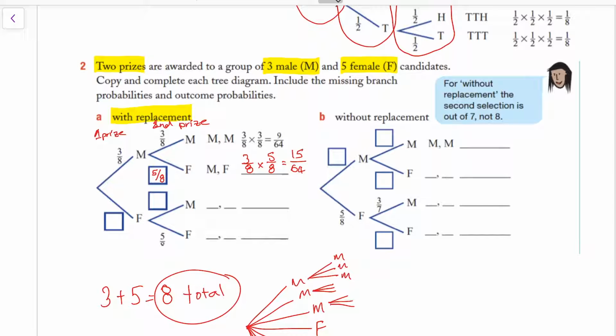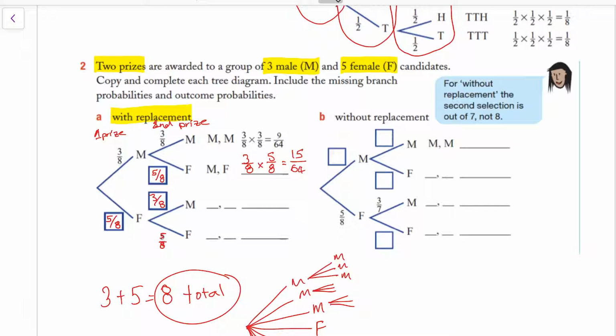Good. Right, so as discussed, there are 5 females. So this one's going to be 5 over 8 down here. And there's 3 males, so it's going to be 3 over 8 here. And then this is supposed to be a 5 over 8. That just seems to have cut out there. So we've got 5 over 8 there.